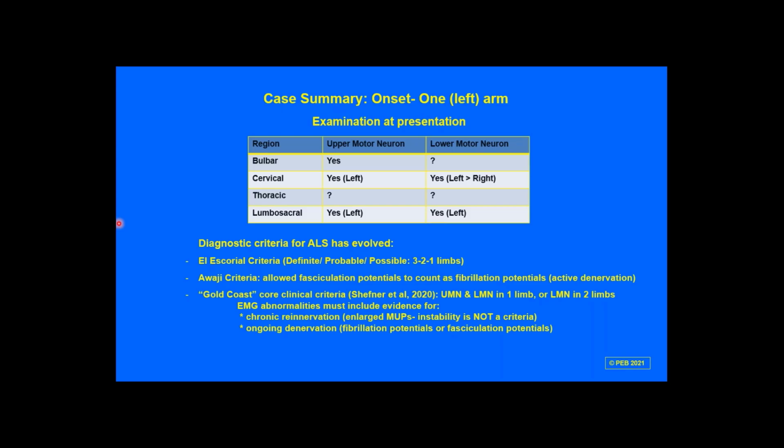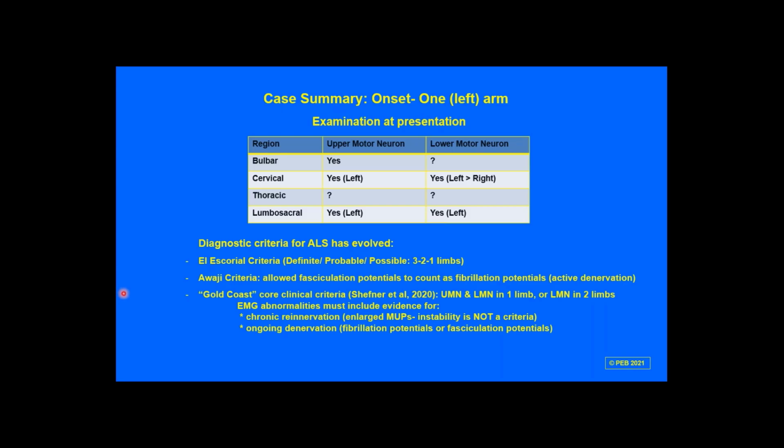So the criteria would differ depending on which set you use, and again, these are coming up about every 10 years in revision. The El Escorial wants definite in 3 limbs, to 2 limbs probable, to possible in 1. The Awaji criteria basically allowed fasciculation potentials to count, like fibrillation potentials, as evidence of active denervation.